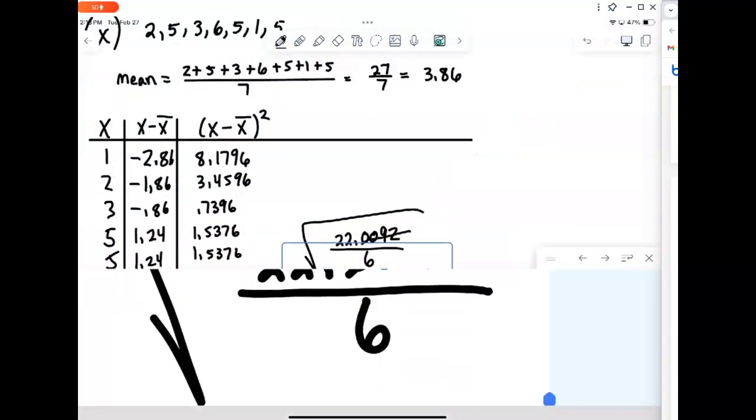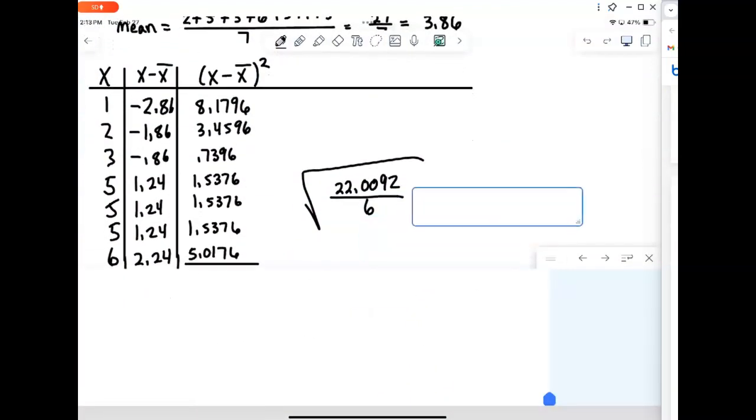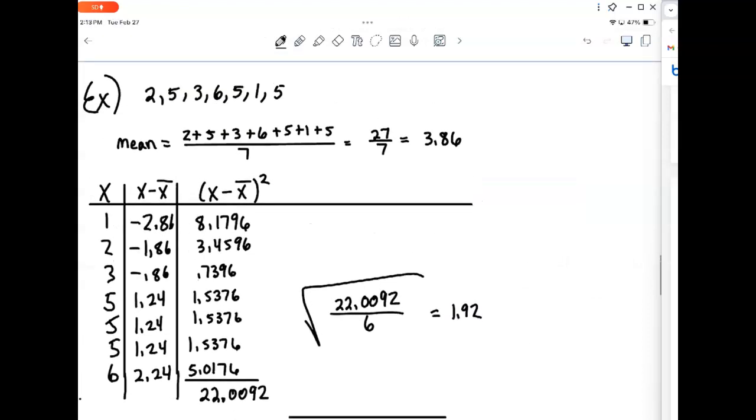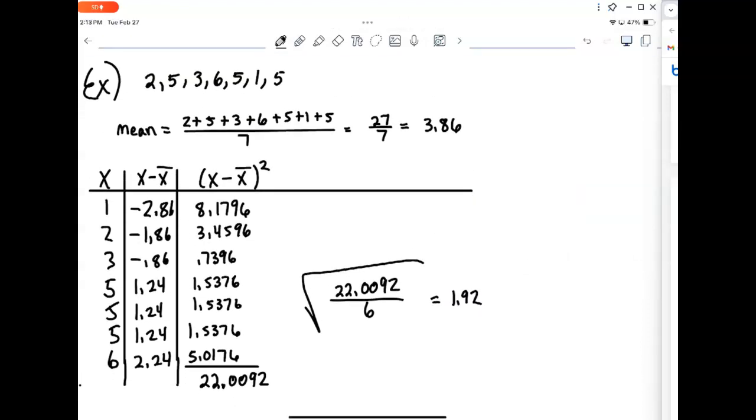So the average spread here, as far as number of siblings, is 1.92, meaning that we're pretty spread out, and we can see that as we look at the data. It's an average of about 2 siblings' difference from the mean for each person. All right, so that is the standard deviation.